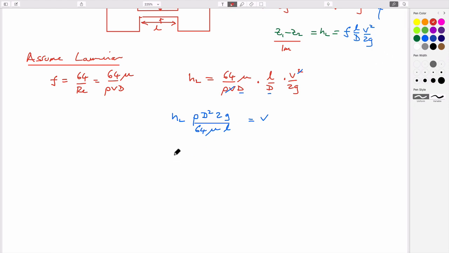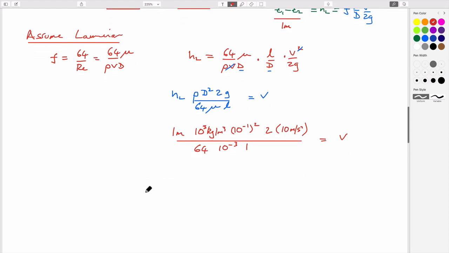And so if those numbers are 1 meter, density is 10 to the 3, the diameter was 10 to the minus 1 meters squared, times 2 times 10, roughly, right? You can do the check on the units. Over 64 times 10 to the minus 3 times 1 meter.